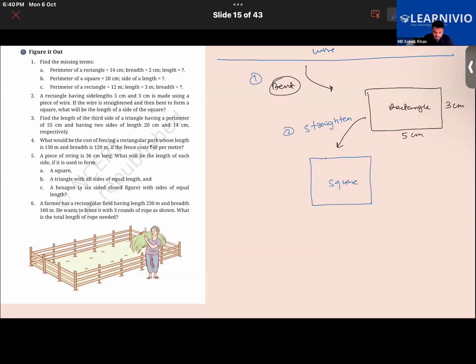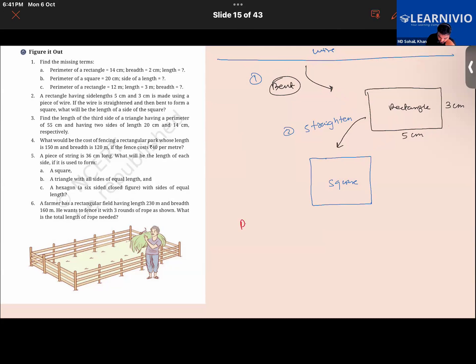You guys will agree to this thing that the perimeter of both this rectangle and square is going to be same. Why? Because both of them were made from the same piece of wire. Since the total length of the wire is not changing, the total length of the boundary of the rectangle or the square will also be same. Isn't it, guys?